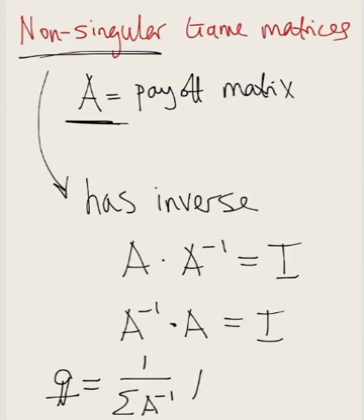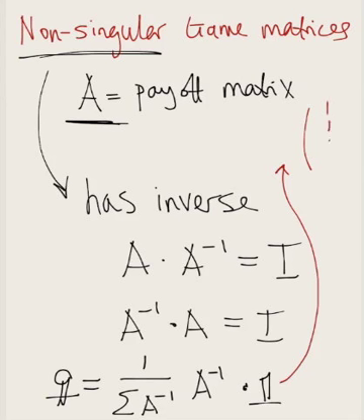You multiply this number by all the entries in the inverse matrix, and then you take the product with a vector that's called 1. And this vector is the all ones vector. It has 1 in every coordinate.